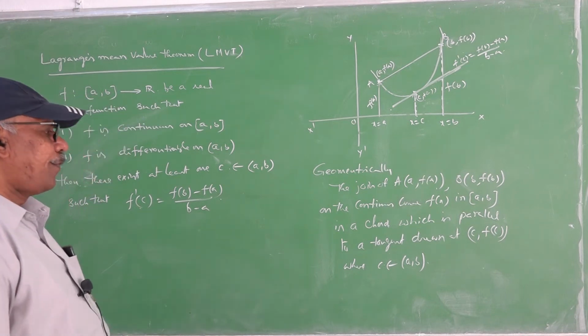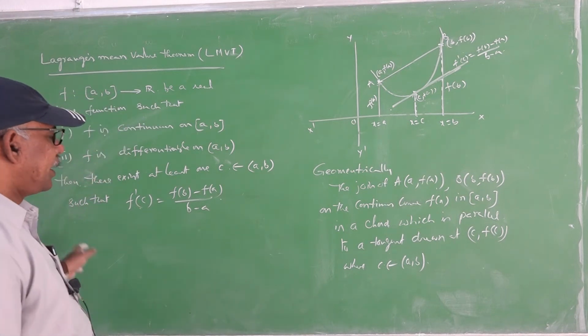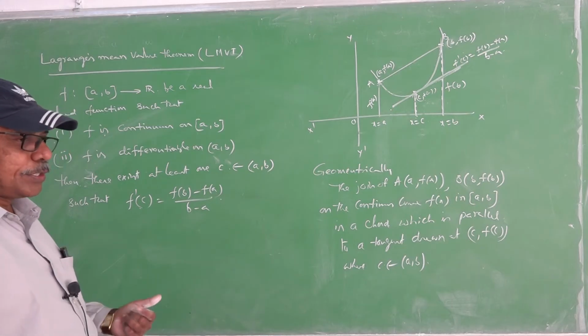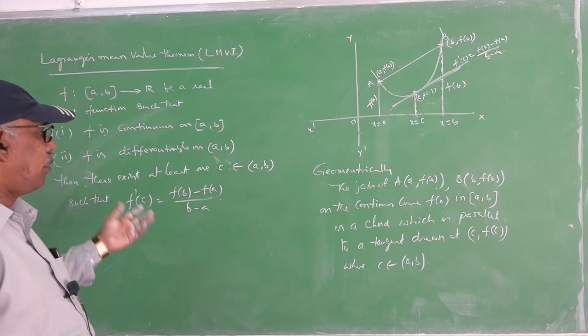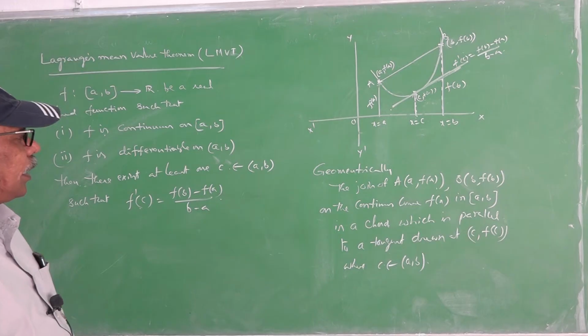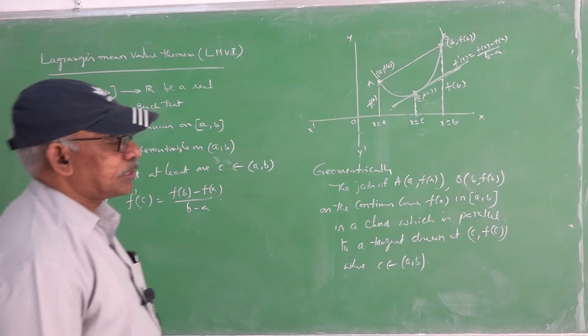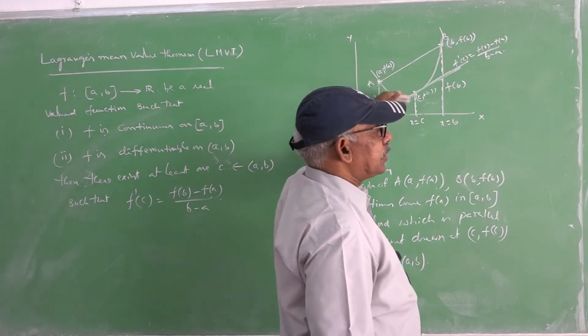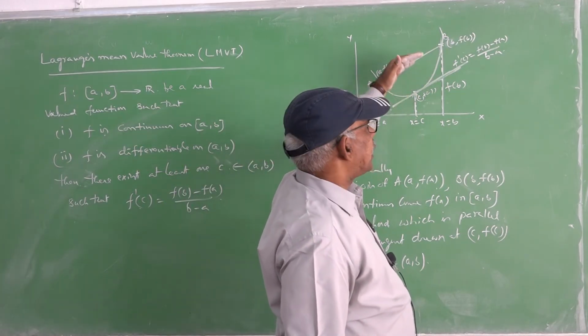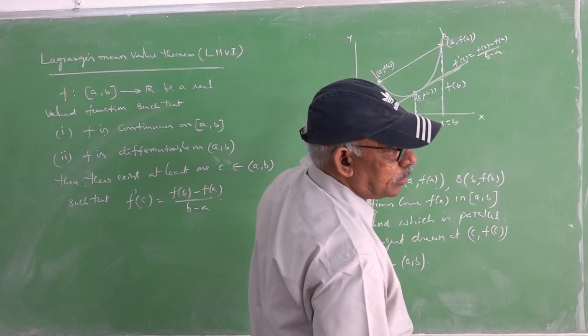Once f is continuous and differentiable, at each and every point on the curve the tangent exists. Out of all such tangents, one tangent is certainly parallel to the chord that joins AB.